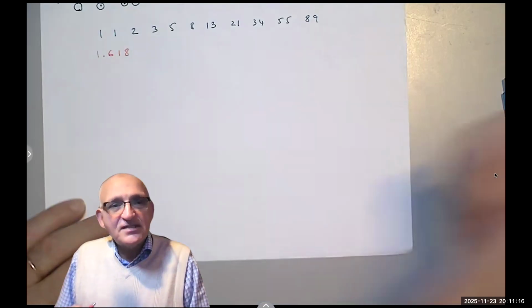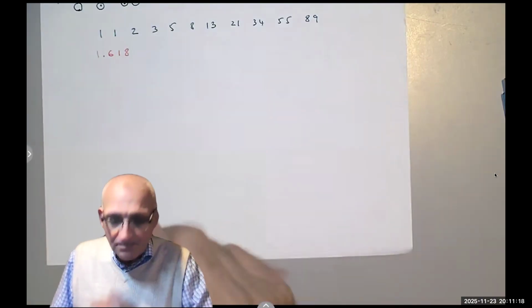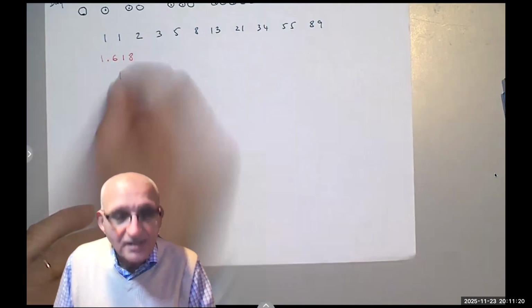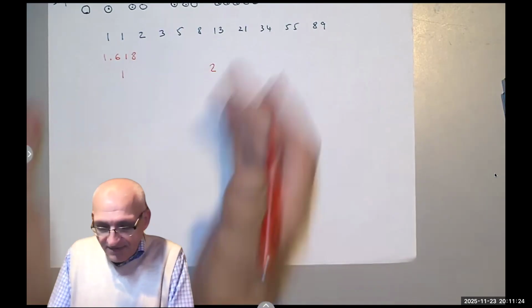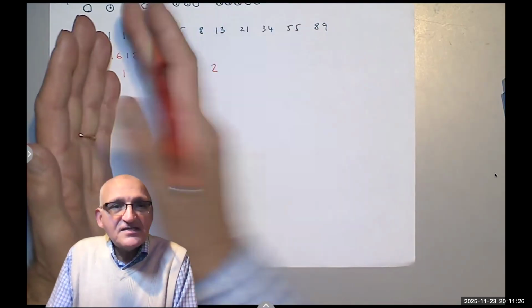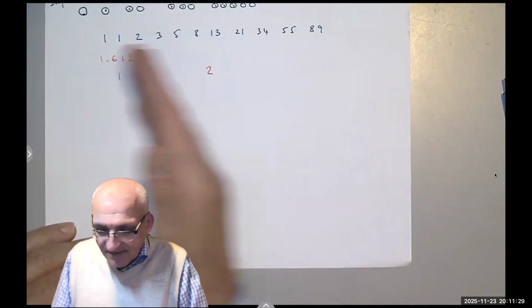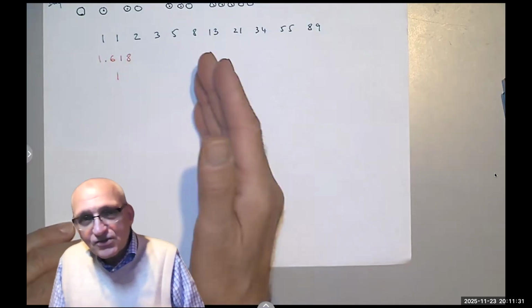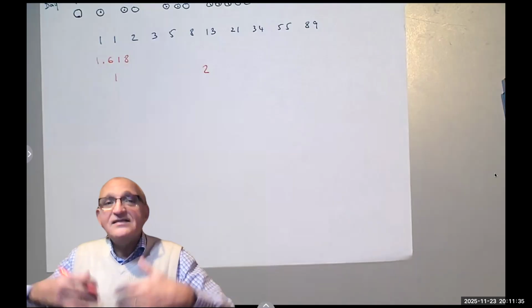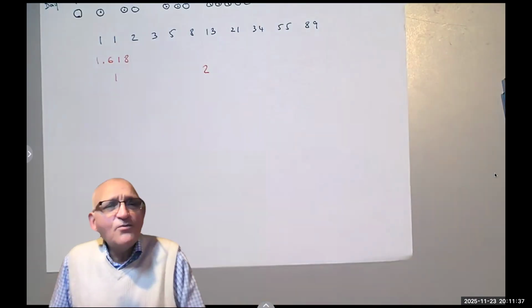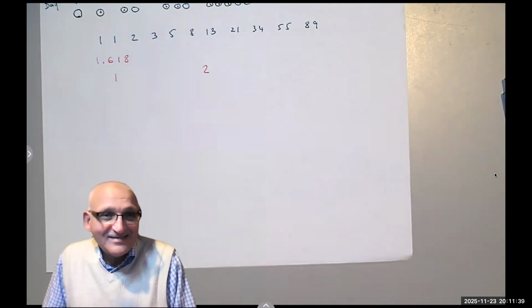every two consecutive numbers, 1 divided by 1 is 1, and 2 divided by 1 is 2. These are the limits of these ratios, and they will get closer to the 1, then closer to the 2, then closer to the 1, and then in the limit, they would become 1.618. Isn't that nice?